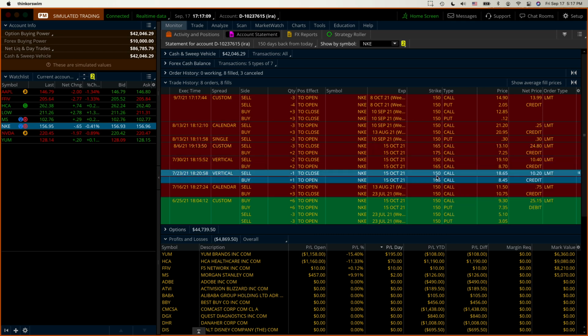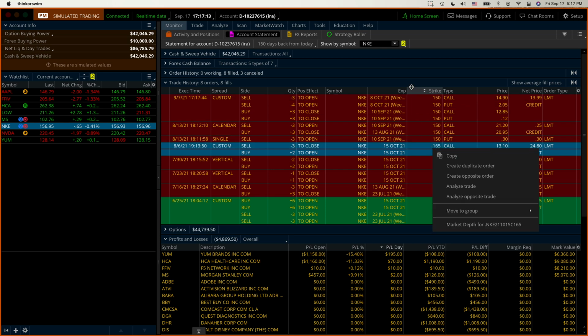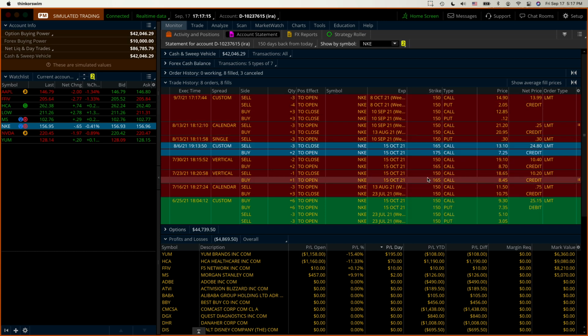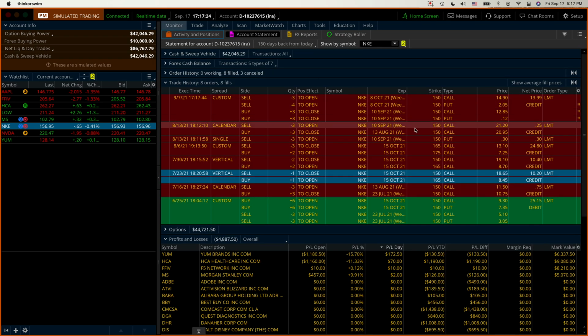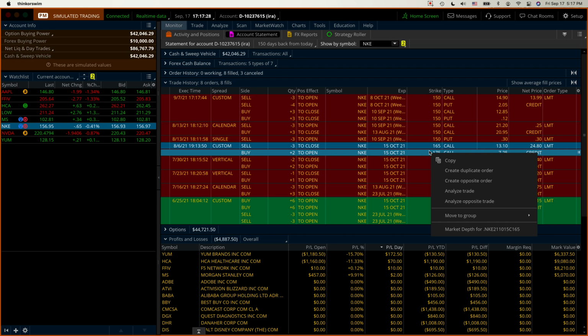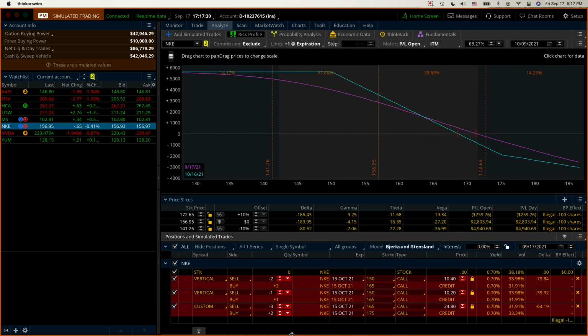And we did 50 to 65, and then this one here. Let's do them all, okay? You can see that's a vertical, and then this one here. Okay, so this is the trade put together, okay?